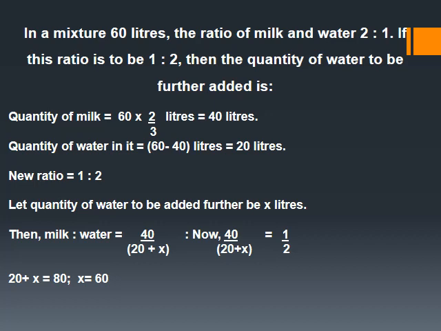So 40 times 2. On the left side that becomes 80, on the right side it becomes 20 plus x. So 20 plus x is equal to 80, therefore x is equal to 60. And what is x? X is the amount to be added. And what is the question? The quantity of water to be further added. So the answer is 60.